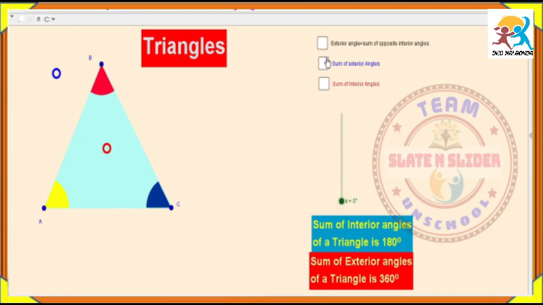And after that we will find out the sum of the exterior angles. Exterior angles are formed outside of the triangle. Here we got three exterior angles, blue colored, green colored and brown colored. Same, we will cut the three sectors and keep them together. What we will observe?